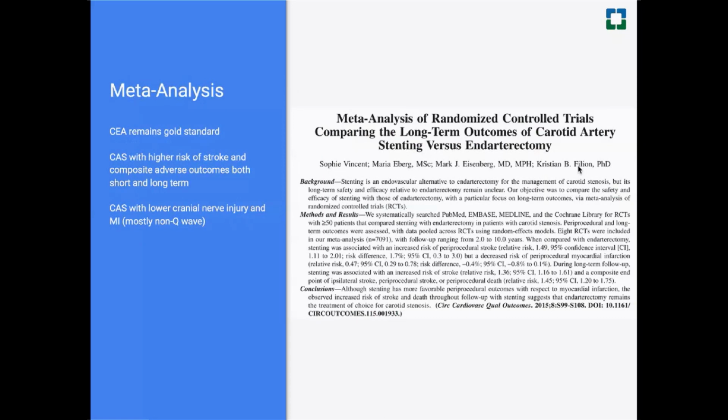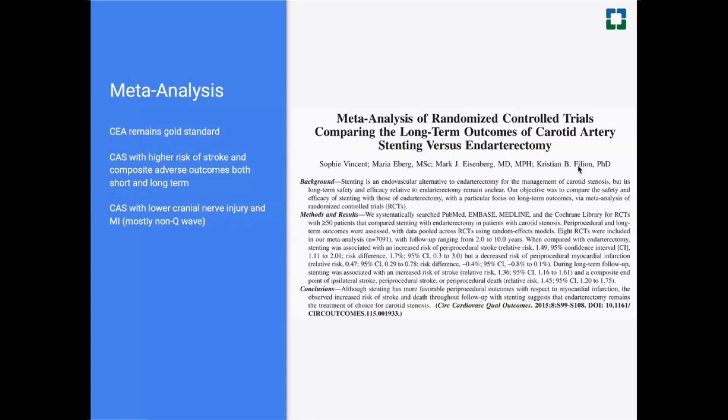Carotid angioplasty and stenting is associated with a lower cranial nerve injury and MI rate, mostly non-Q-wave MIs. The general recommendation is that patients without an anatomical reason or a risk-based reason should undergo carotid endarterectomy. And that seems to have settled the discussion.